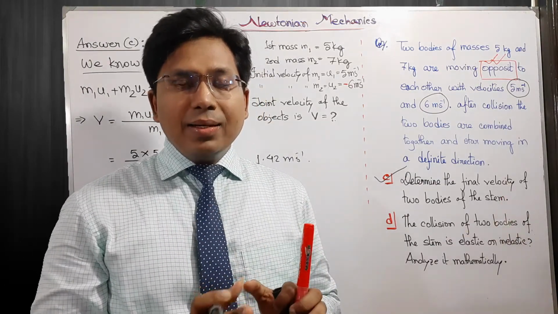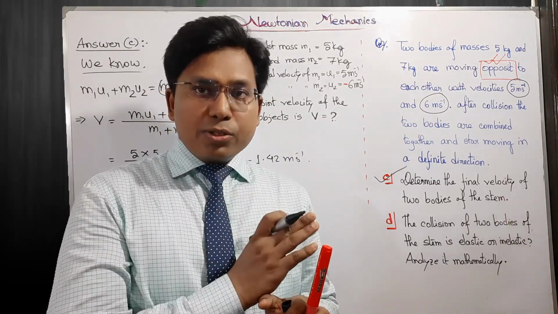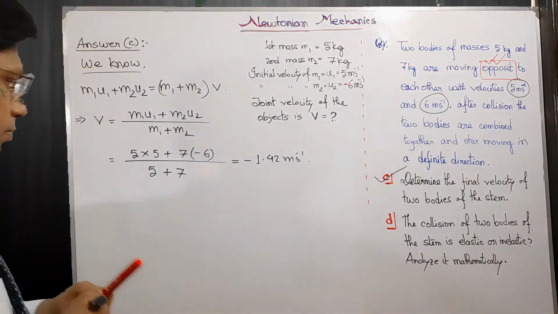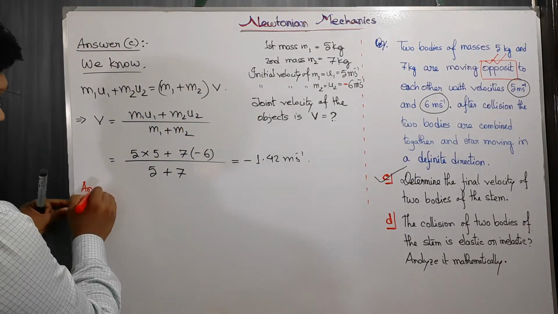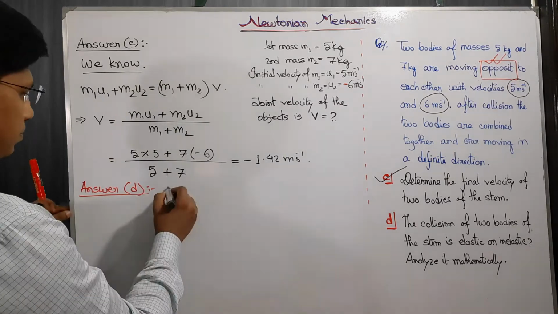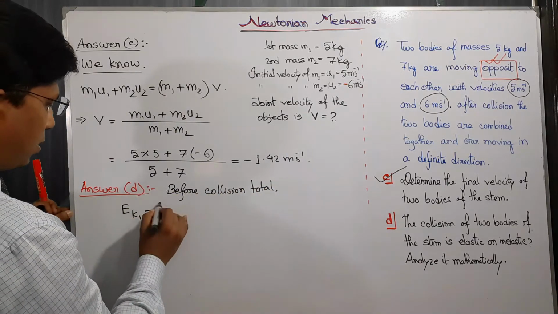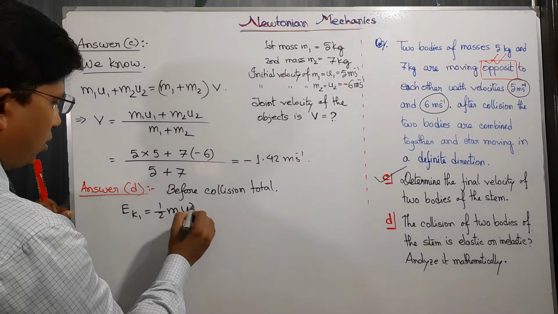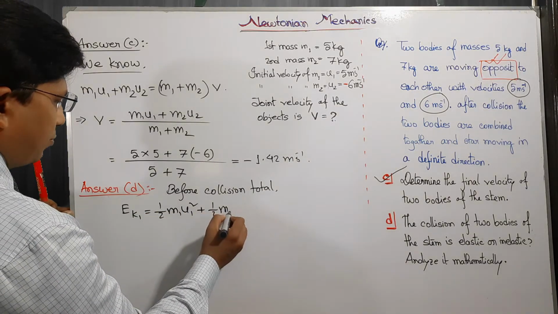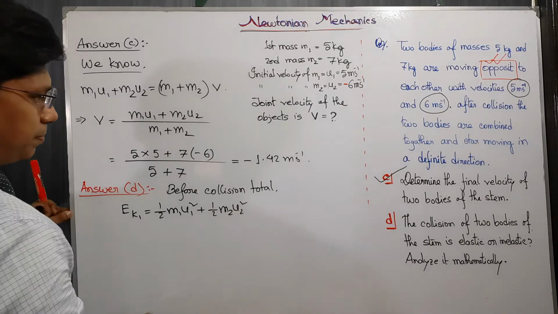Now we need to find the kinetic energy before collision and after collision. The answer to number D. Kinetic energy EK1 equals half m1 u1 square plus half m2 u2 square.